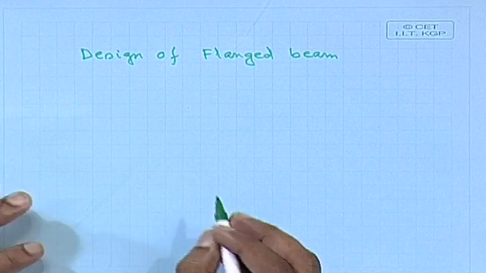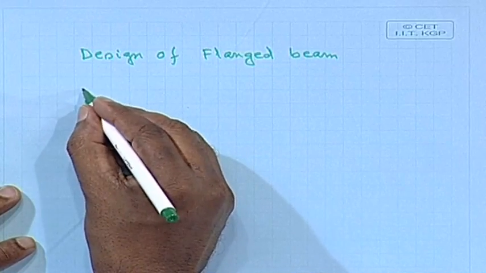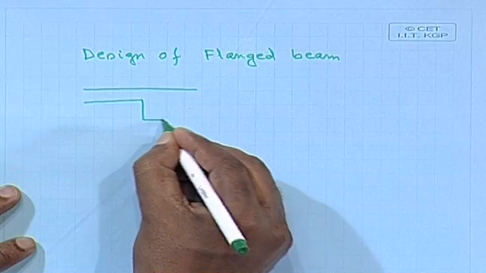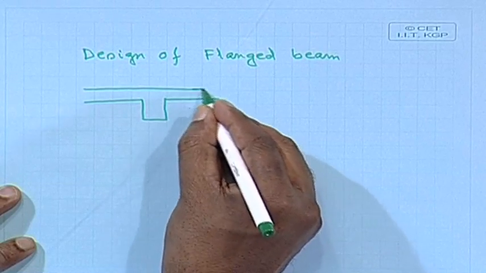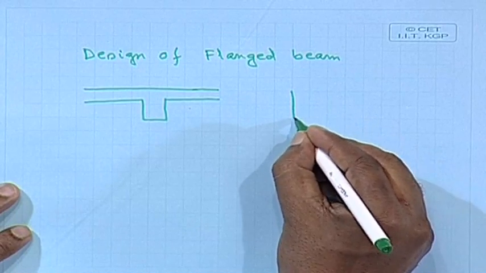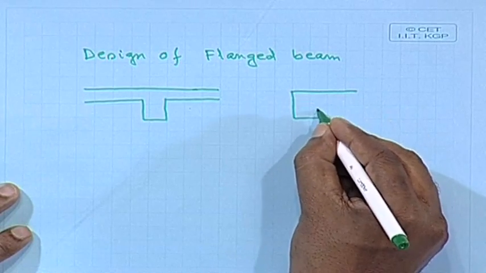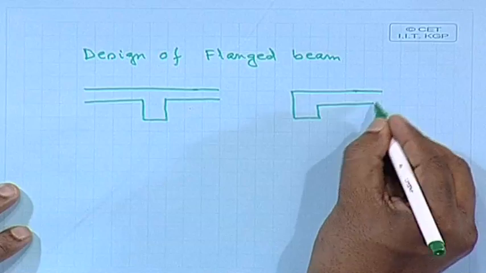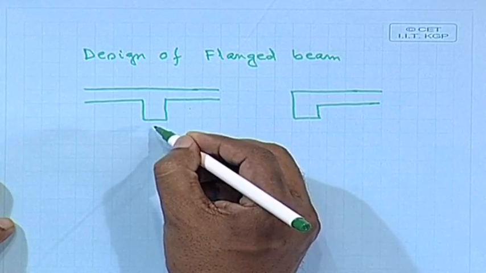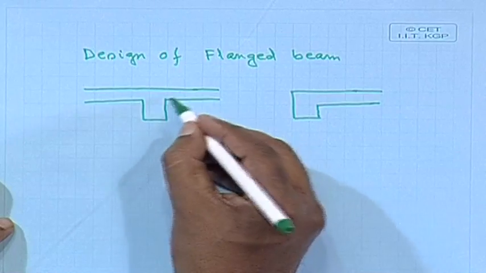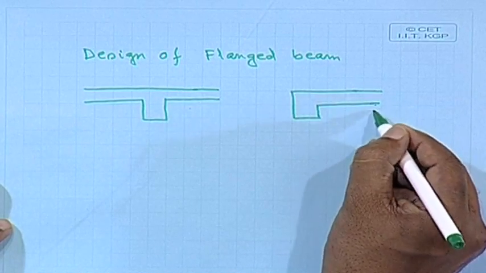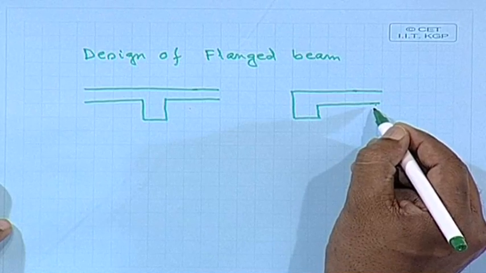As I have mentioned, this is your slab and beam. At the support, at the end, it generally comes, we can call it as inverted L. Whenever it bends, we take certain portion from both sides, or from this side we take, that is called the flange.